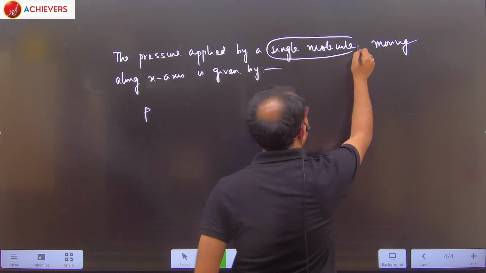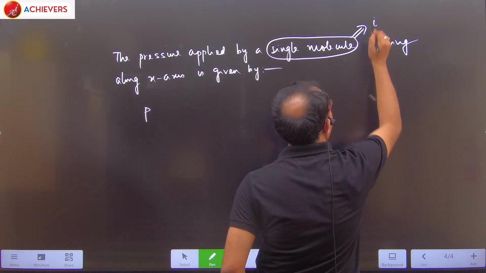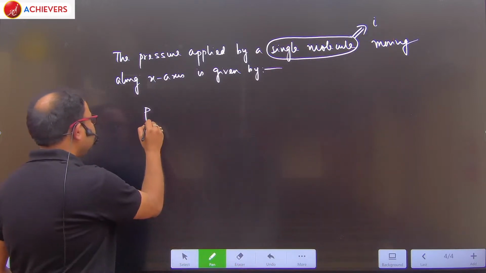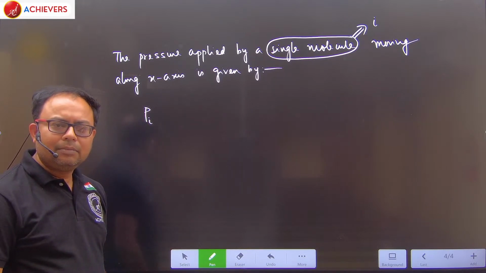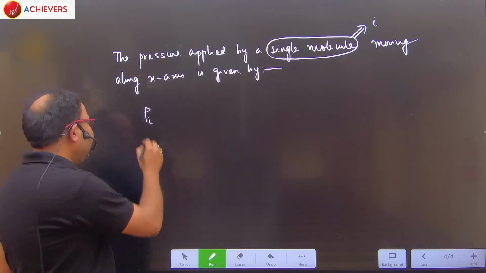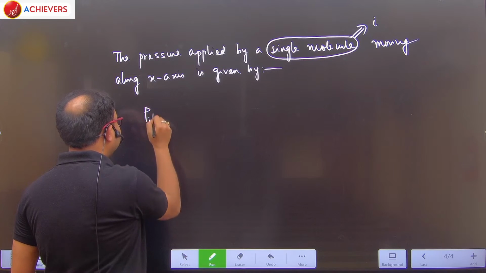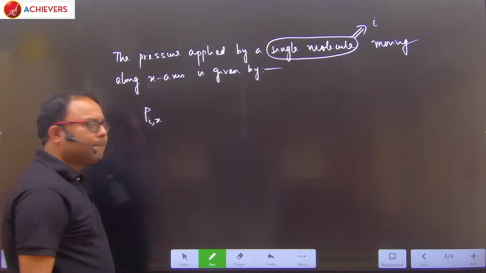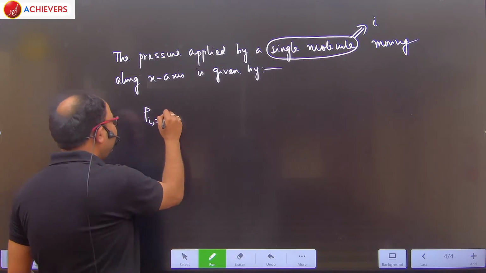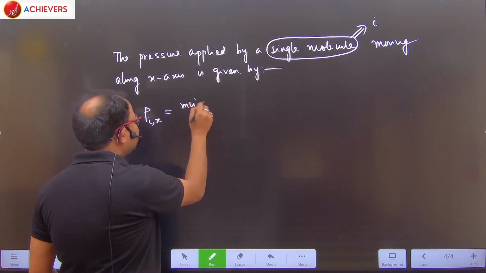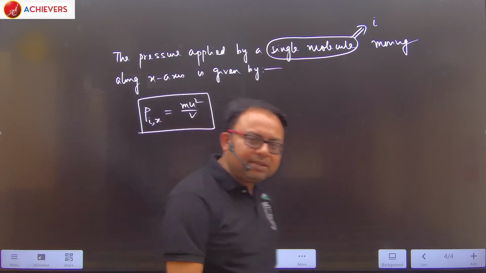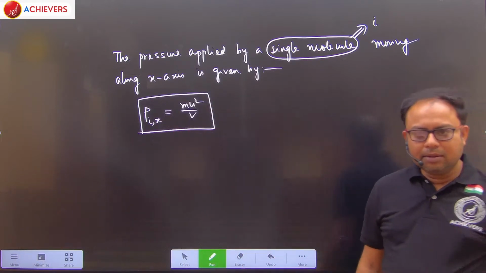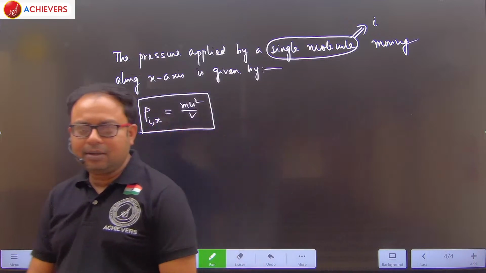Let us represent that single molecule by I. So pressure applied by the single molecule I when it is moving only along x direction is equal to mu square by V. This is a more explicit representation.